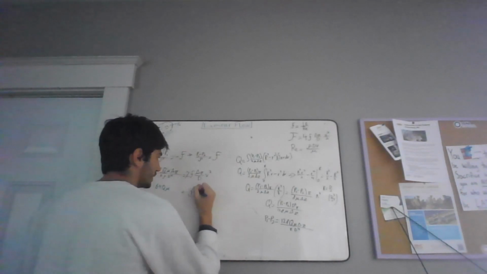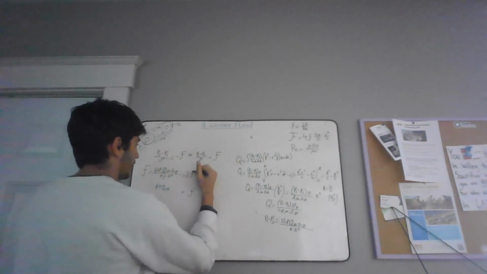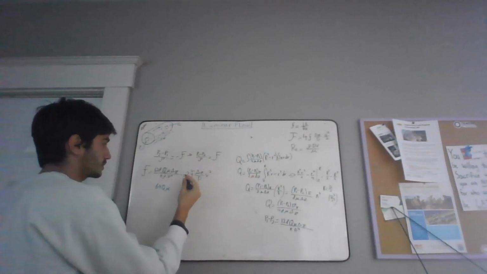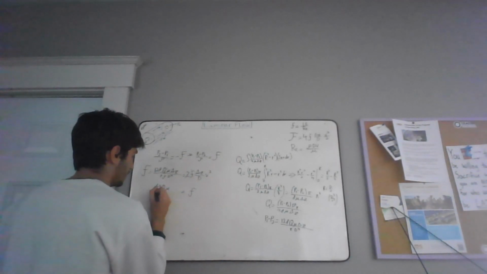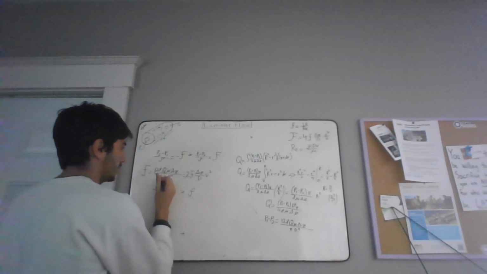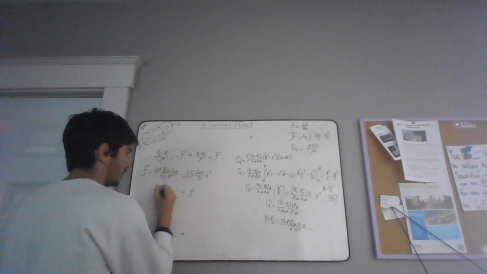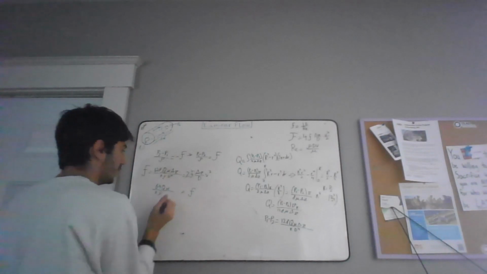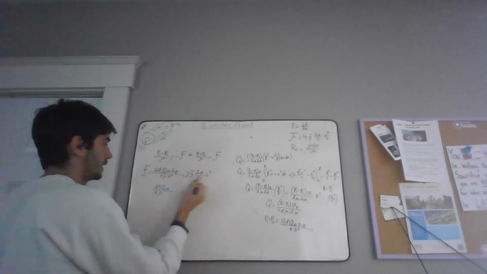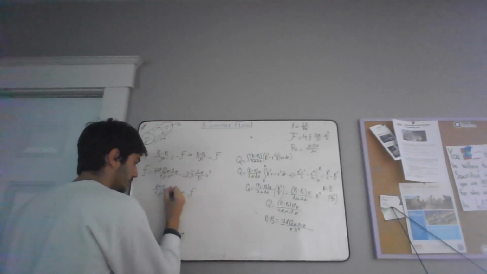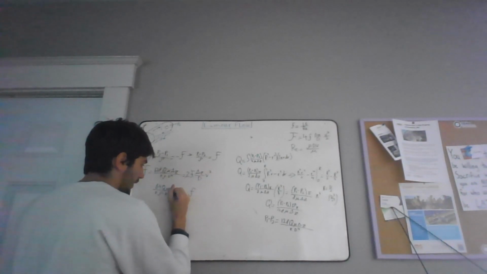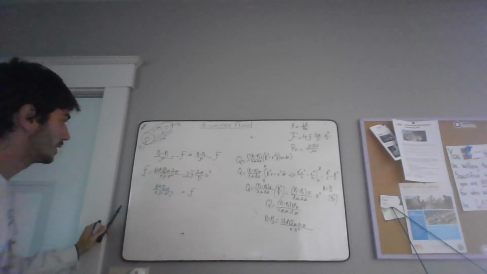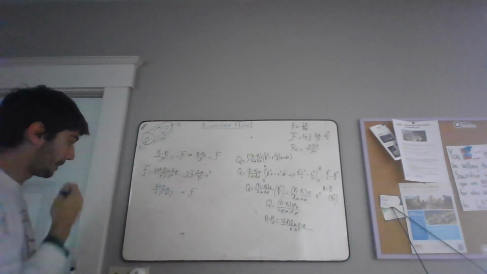Then on this side, pi remains, rho also remains, and d to the fourth multiplied by d, so this becomes d cubed. Okay. Then v squared. We have everything.